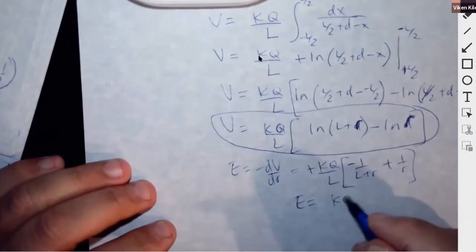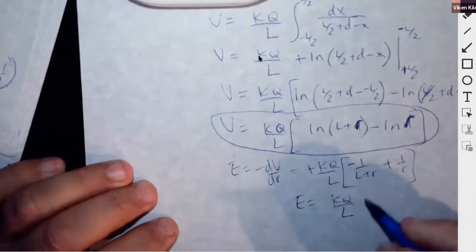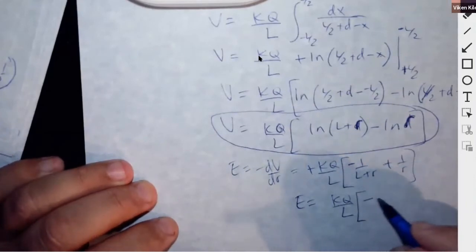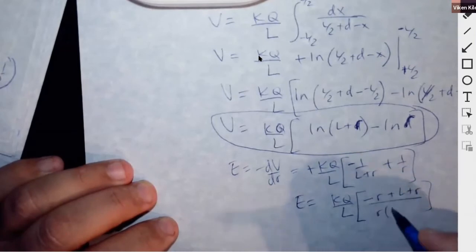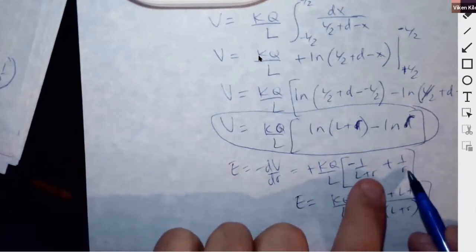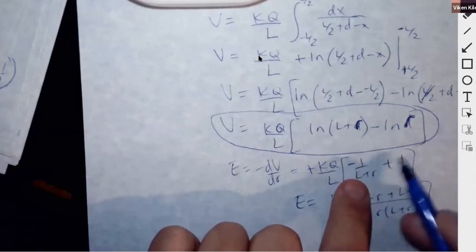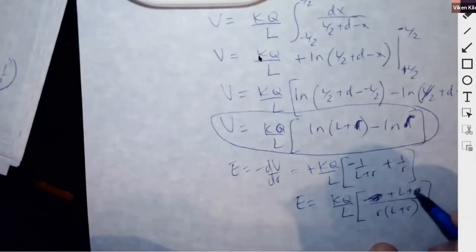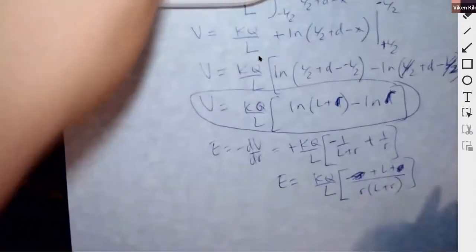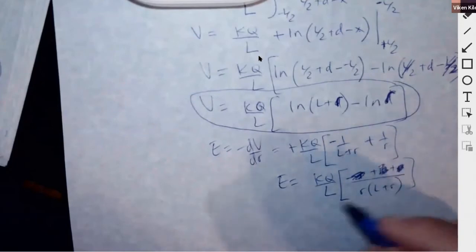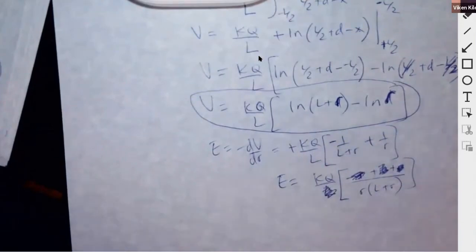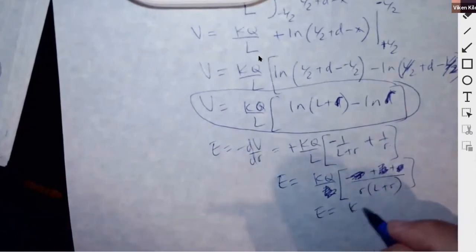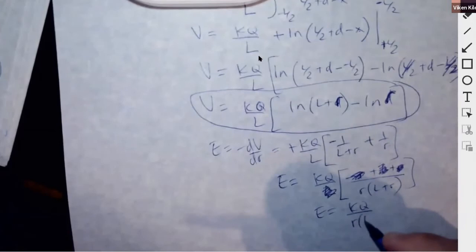So KQ over L, negative R plus L plus R over R times L plus R. Right, so I'm combining this and then cross multiplying and adding them, and then you have what? Negative R cancels, nice. And the L cancels the L, nice. There you go. It's surprising, it always comes out. KQ over R, L plus R.